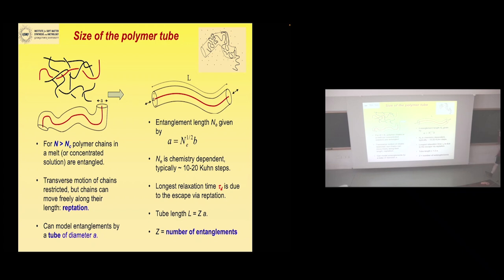There's also a tube length, which we can think of as some number of tube steps, and that number of tube steps is what we call the number of entanglements. So I take my tube diameter and move it along, and that's roughly the number of entanglements.